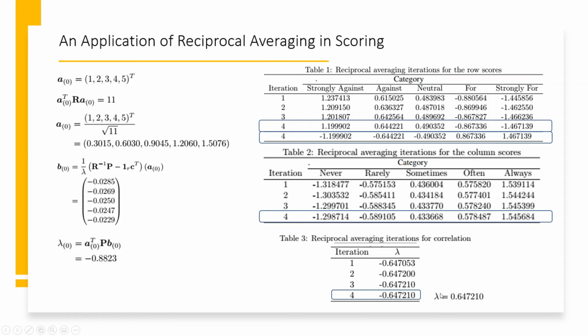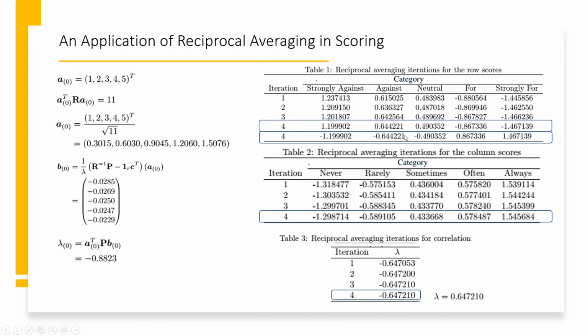Here the iteration will continue until the correlation of the next iteration obtains an identical result to 6 decimal places. In this example, the accuracy is satisfied on the 4th iteration, so the row scores and the column scores here are the scores that maximize the association.